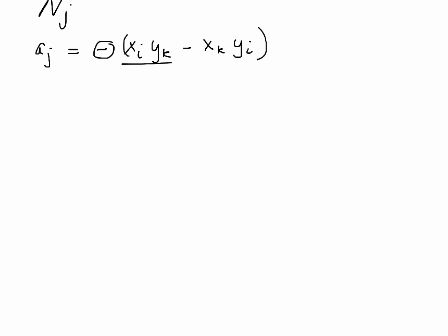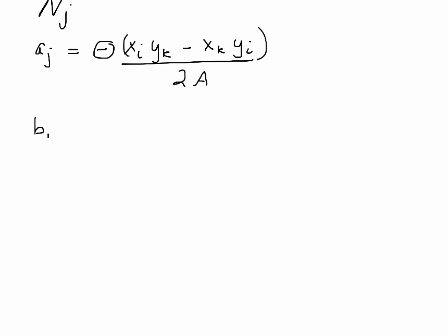If we follow the same analysis for nj, we will have a of j will equal, again because now we're starting from that second column, xiyk minus xkyi over 2a.